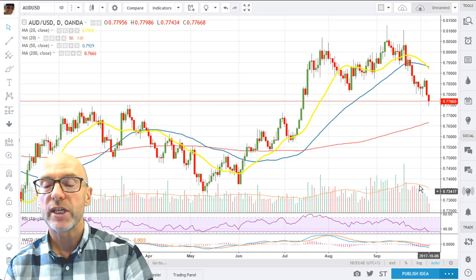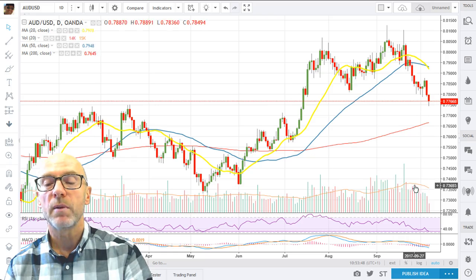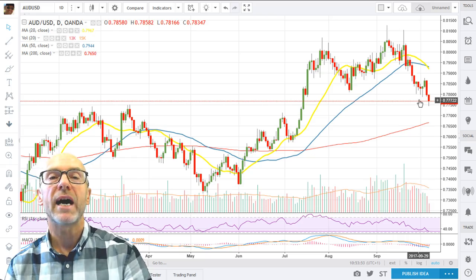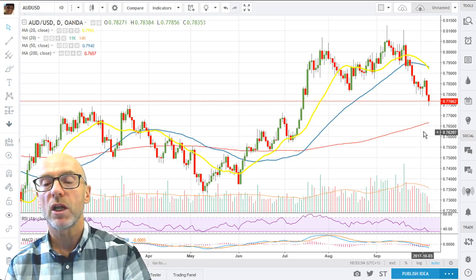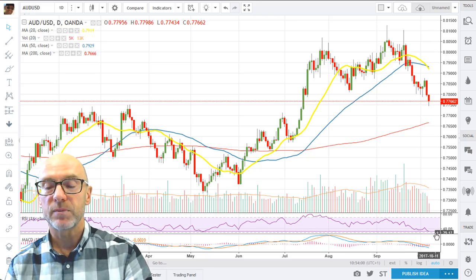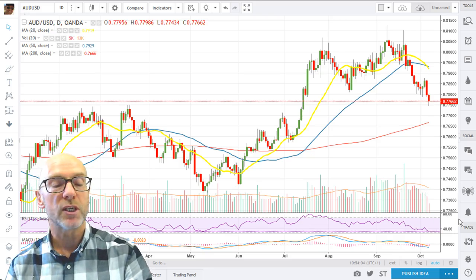You can also see that the volumes have declined as we've pulled off, which actually is quite a bullish sign. It would have been negative if we'd come off on high volume, but because the volumes are low, it's not so bad.